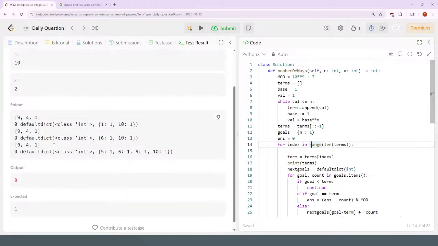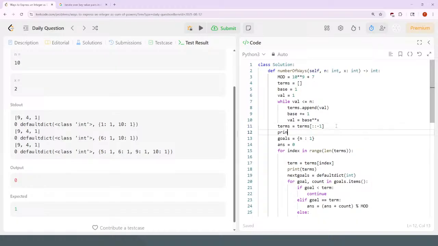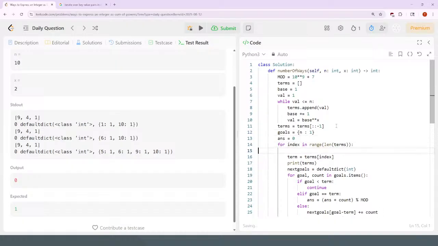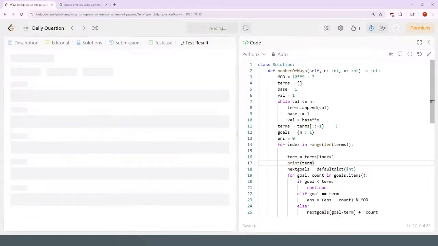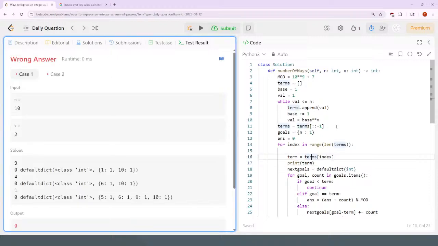So that should be 3. What is going on here? No, I mean that's right. No, I'm printing the wrong thing. I'm printing terms. Okay, this probably should be... Okay.